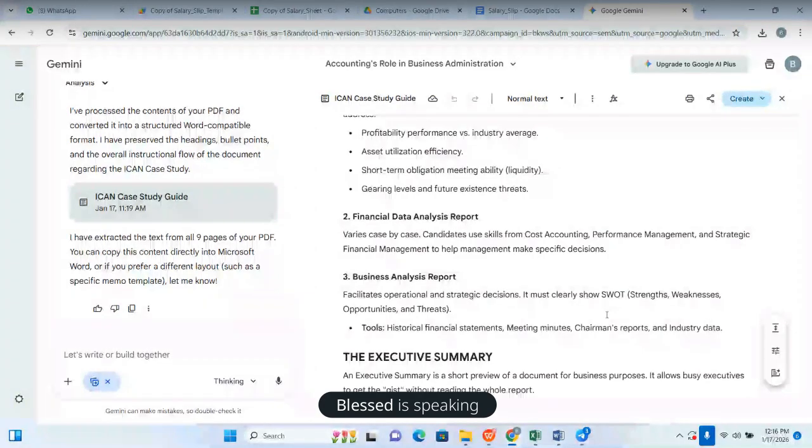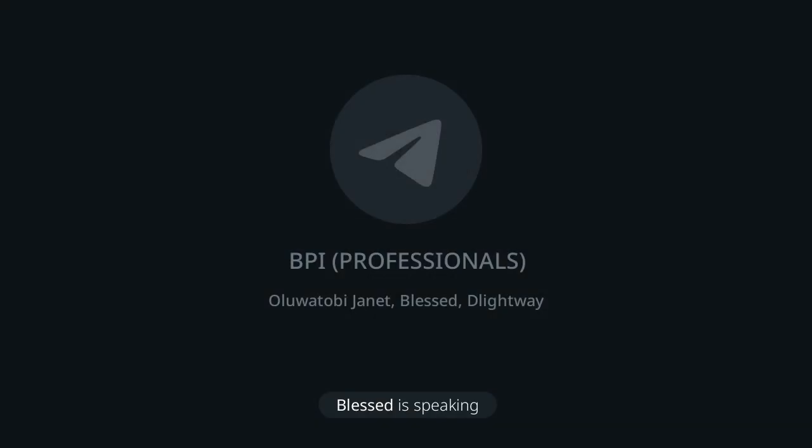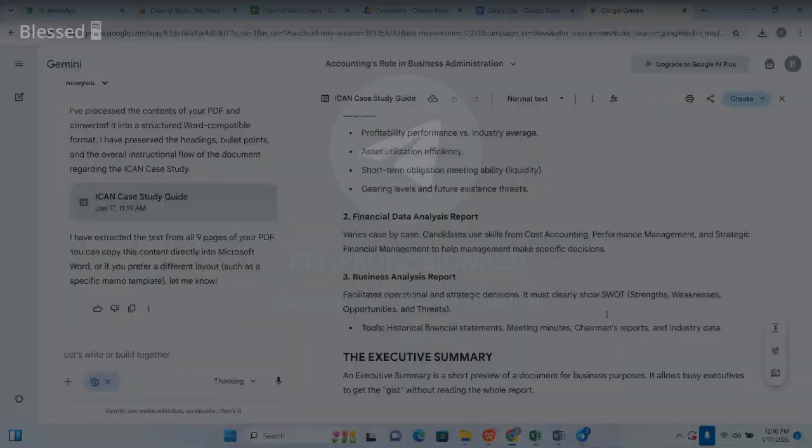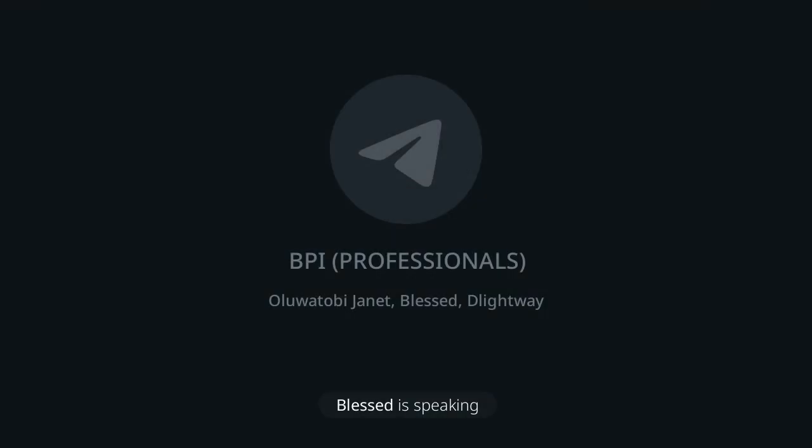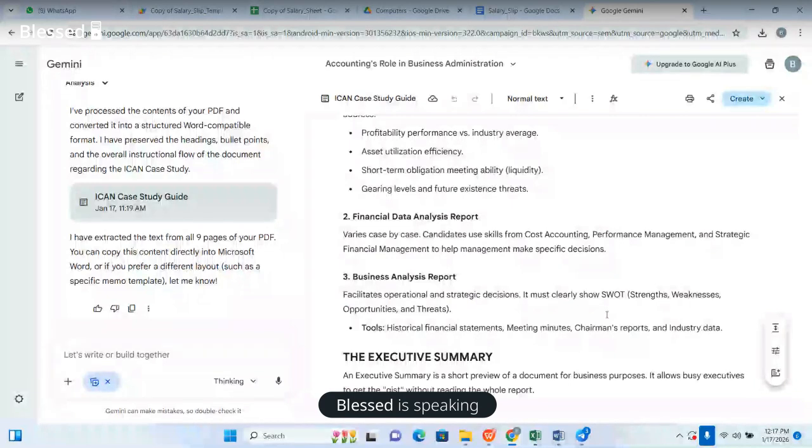You may have some sentence or paragraph in your exhibit that will require you to do something relating to investment appraisal. Those are PM related, FM related, SFM related. So we need to do financial data analysis at times, and then we have business analysis. It must clearly show SWOT: strength, weakness, opportunity, and threat. Tools include historical financial statements, meeting minutes, chairman's report, and industrial data.